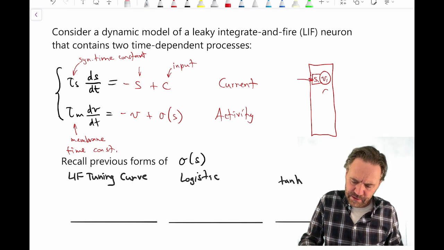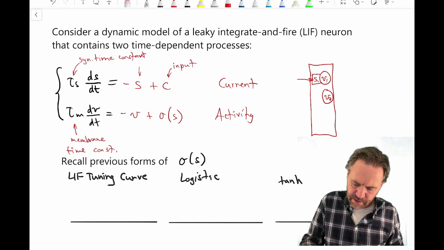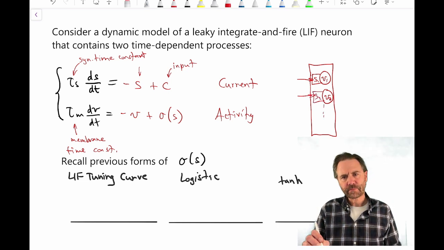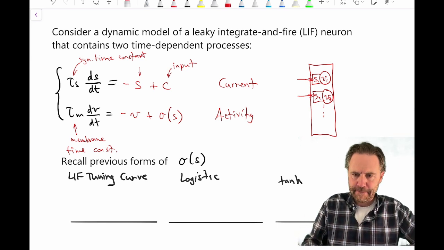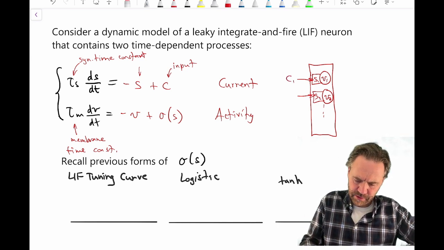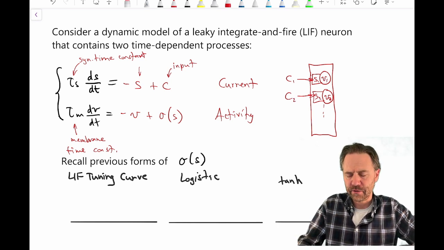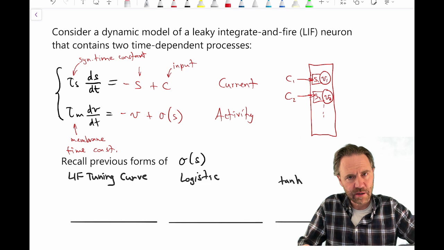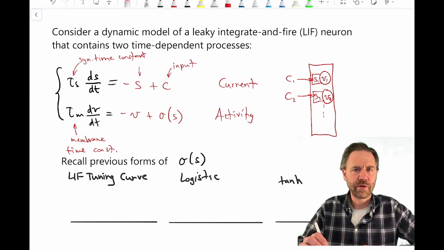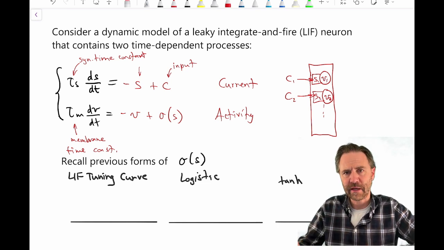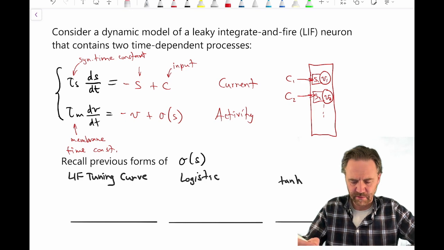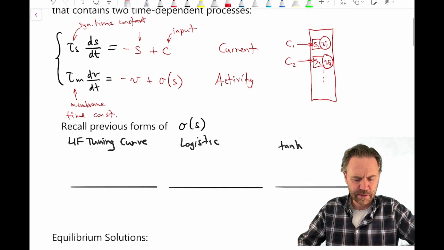The next neuron's activity is V2, and the input current is S2, and so on. The input to that neuron is C1, input to that one C2. So each neuron has a different input, which gets integrated by S, the input current variable, and then that gets integrated into V, the membrane potential or voltage.